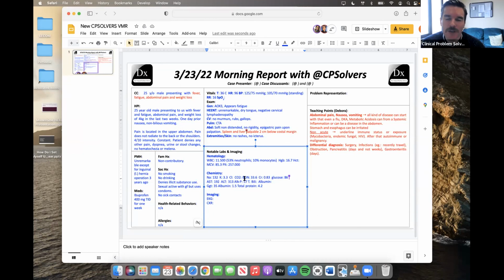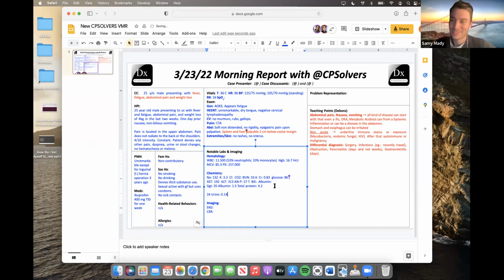Sammy, do you happen to have a UA as well right now, just in terms of time management? I don't have a UA. I only have a 24-hour urine, which was 0.14. And otherwise the UA was normal. Okay, that sounds good. So it sounds like not heavy proteinuria. No heavy proteinuria. All right.